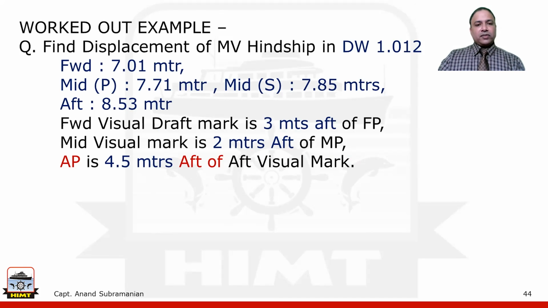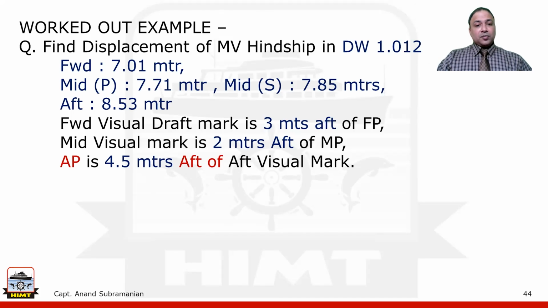In the numerical, the distances from the visual draft mark to the perpendicular will always be given, and whatever value comes here, we have to take as it is. The forward visual draft mark is 3 meters after the forward perpendicular. The midship visual draft is 2 meters after the midship perpendicular.